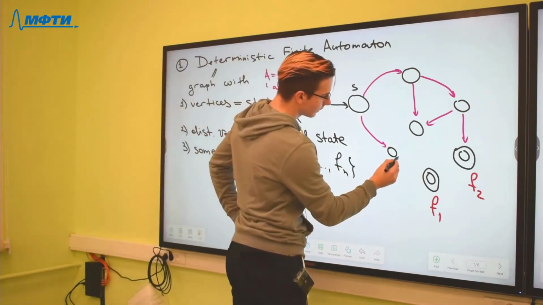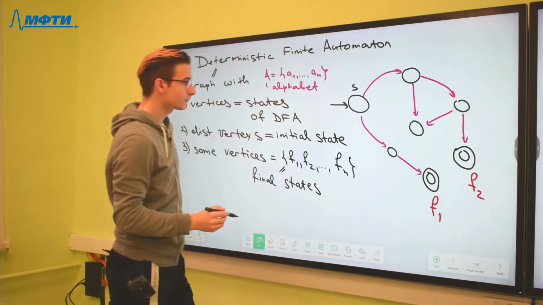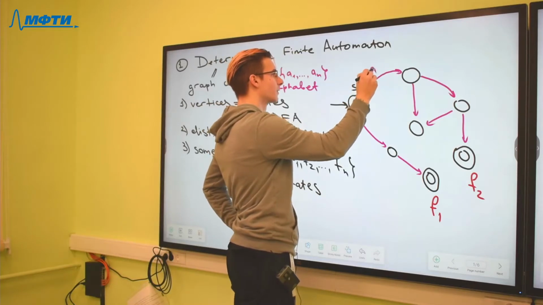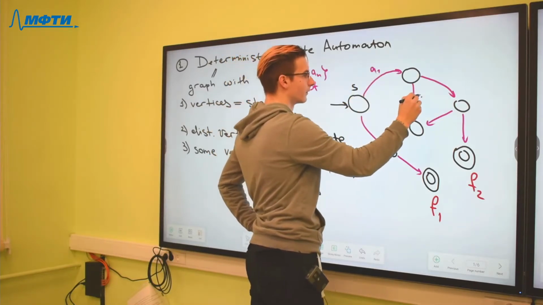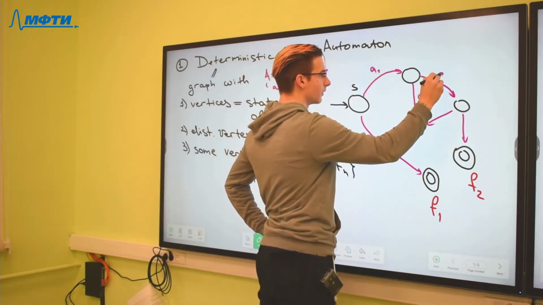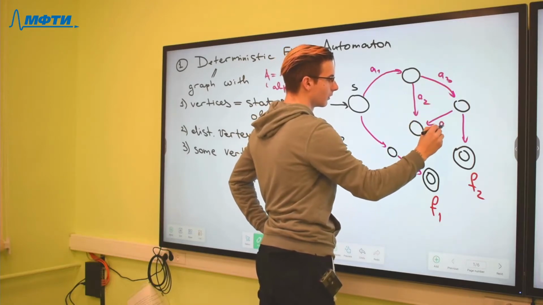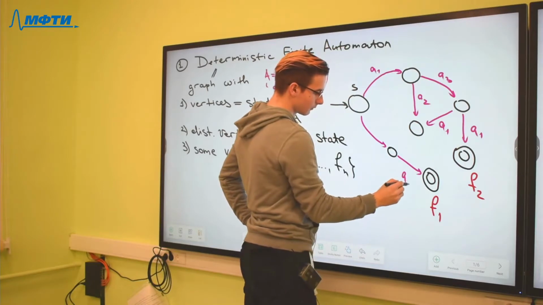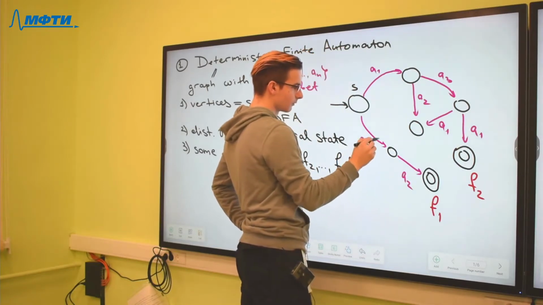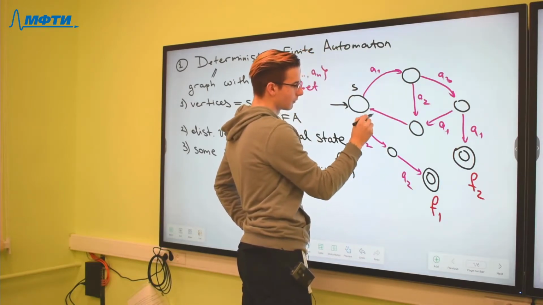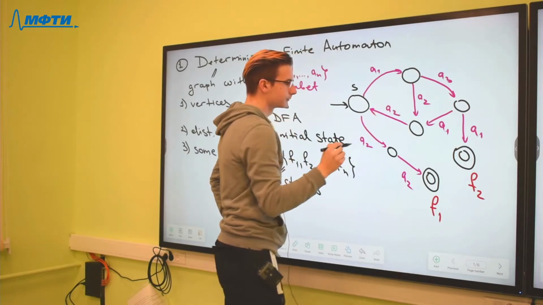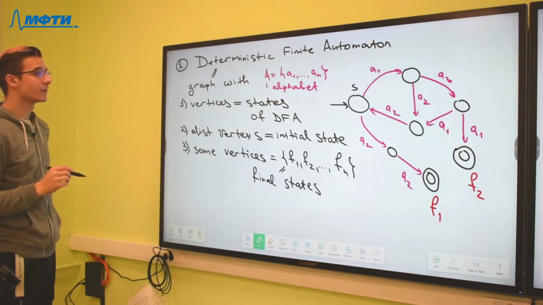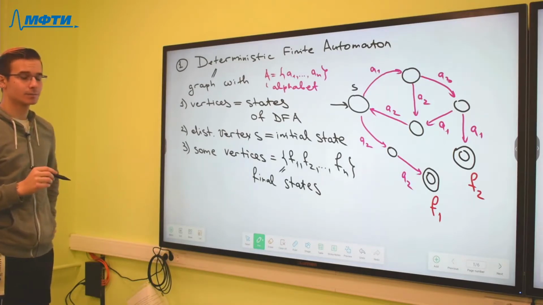And for all of these edges we set the character that will be connected with this edge.